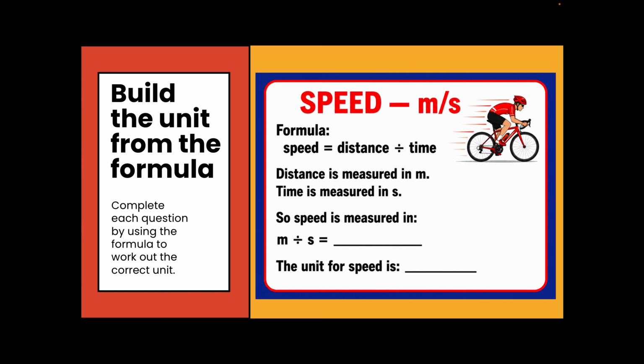Time is measured in seconds. So speed is measured in meters per second. Another way to write that would be meters slash seconds or meters per second. Therefore, the unit of speed is meters per second.